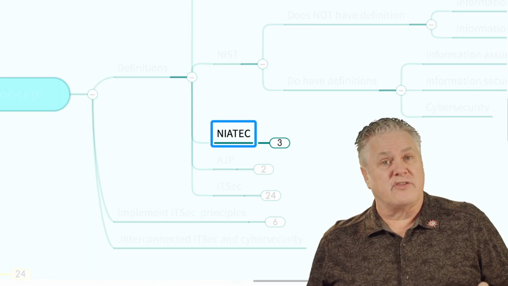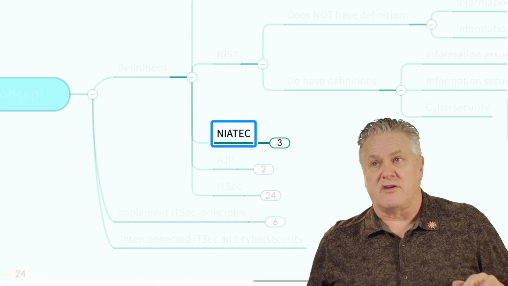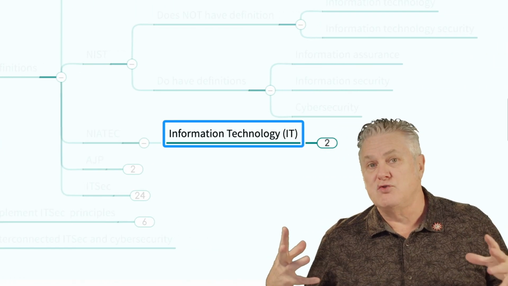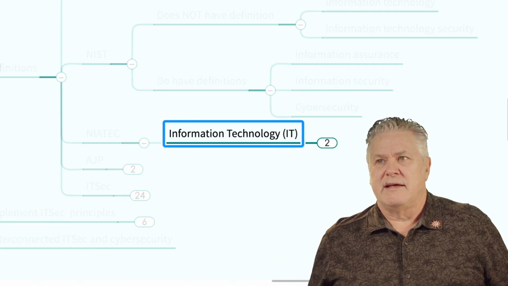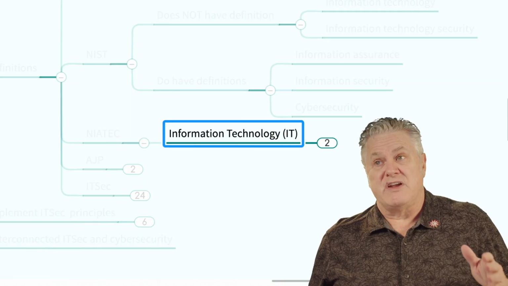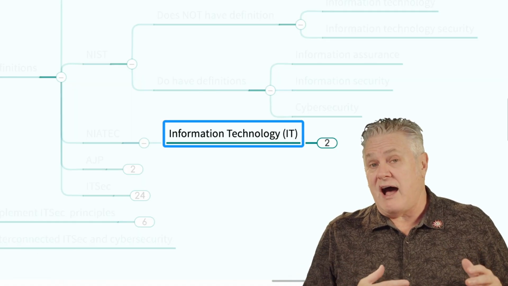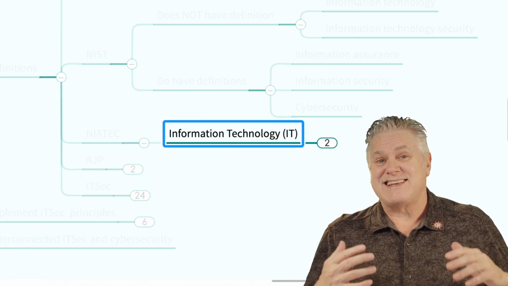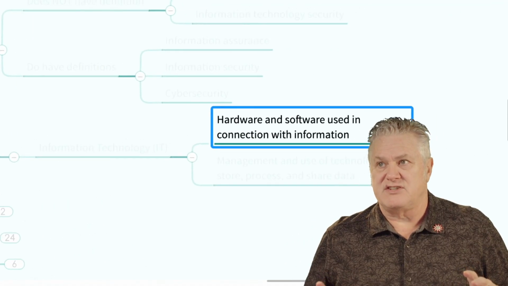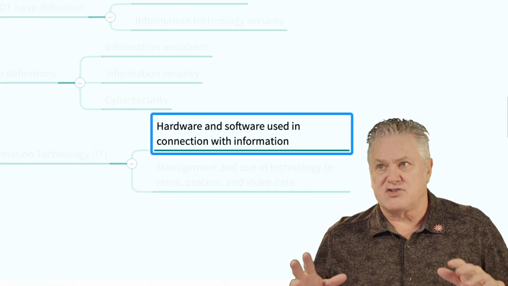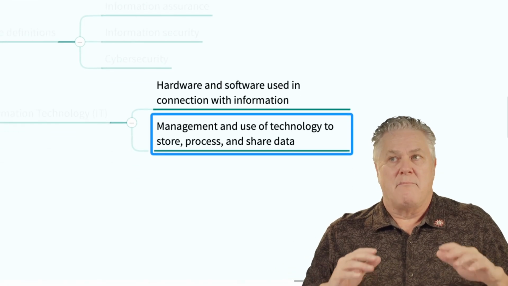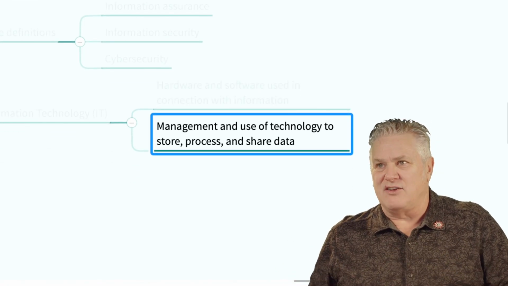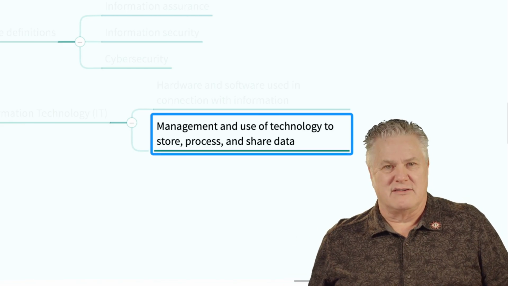There are two other sources that I always go to look for things, and one of them is called Natick, which is a huge dictionary. It's about a 500-page dictionary on information security, and they have a definition for information technology, which when I was growing up was known as IT: hardware and software used in connection with information, management and use of technology stored, processed, and shared.